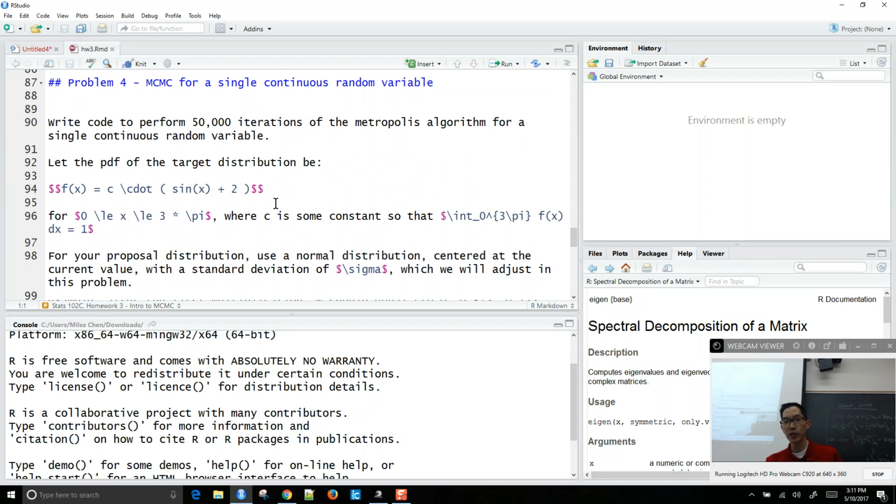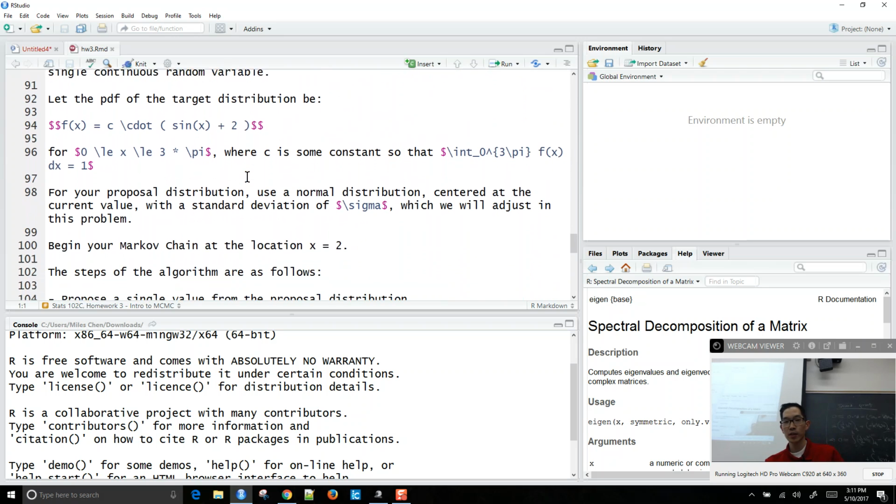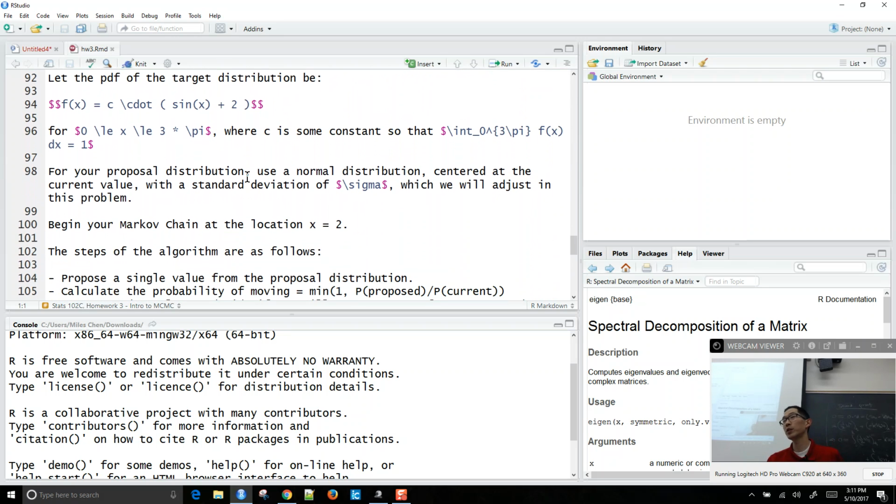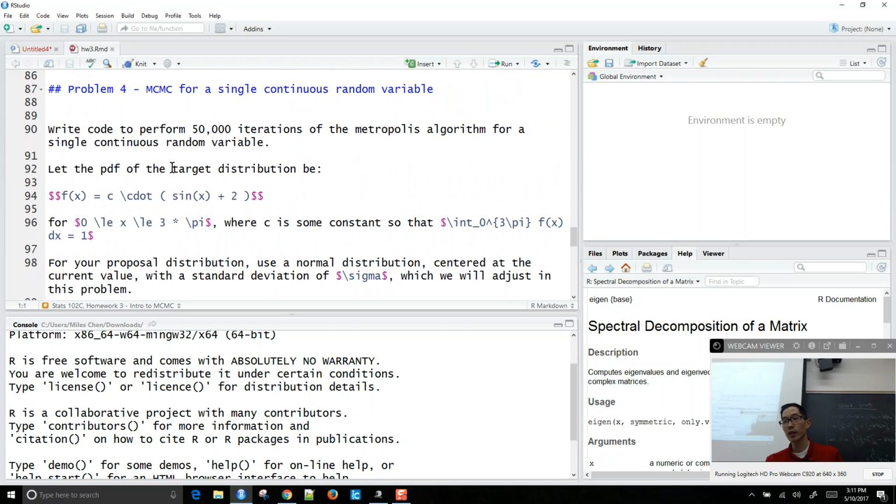And then the last bit for homework 3 is running the Markov chain MCMC using the Metropolis algorithm for a single continuous random variable. This is all meant to be illustrative of the stuff we've been learning. In my opinion, it's not crazy hard, but perhaps I'm underestimating the assignment.